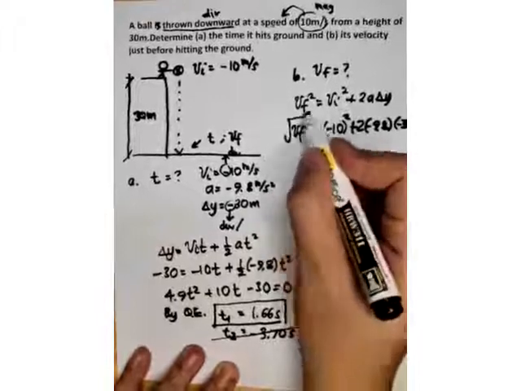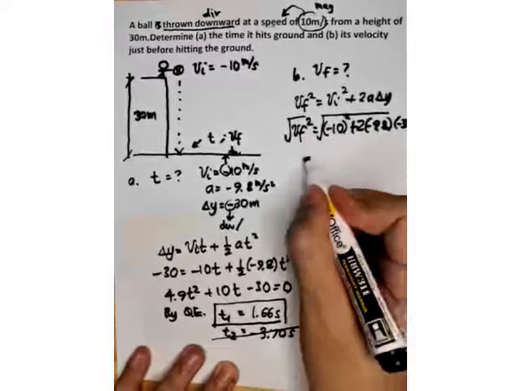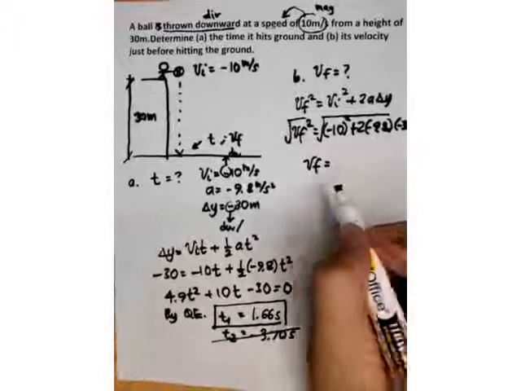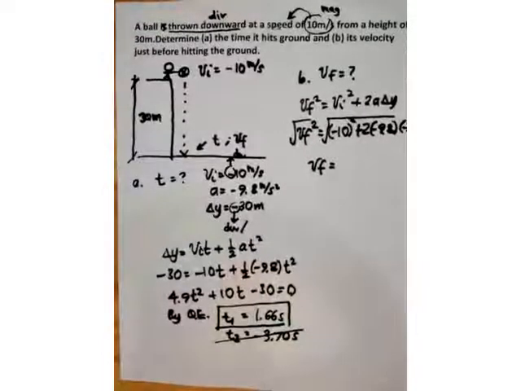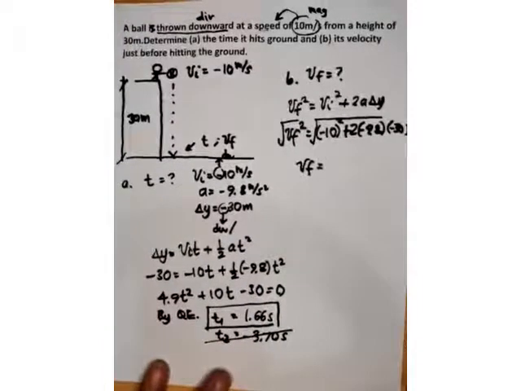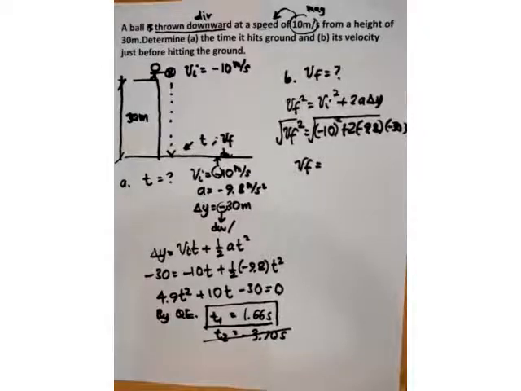And then square root both sides. Okay, what's our final velocity? Ay, hindi nakikita yung 30. Ayan. So what's our final velocity?